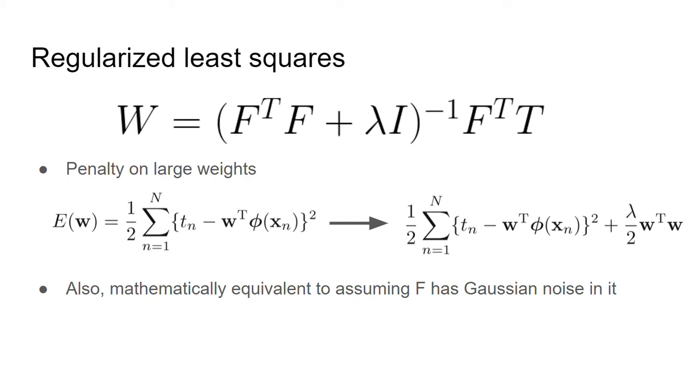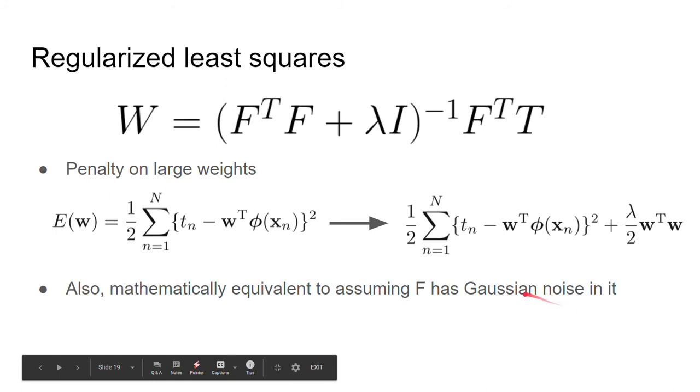That turns out to be mathematically equivalent to having a penalty on your error function for having large weights. And it's also the same as assuming that your features have Gaussian noise in them. So those all turn out to be equivalent statements.